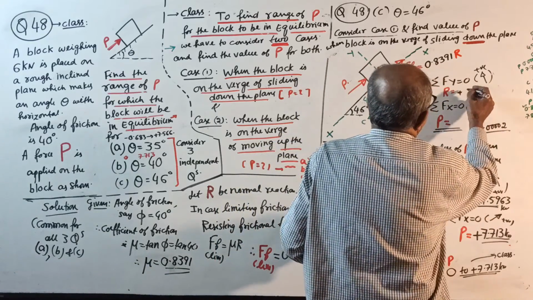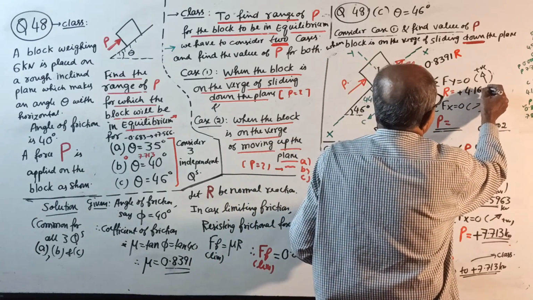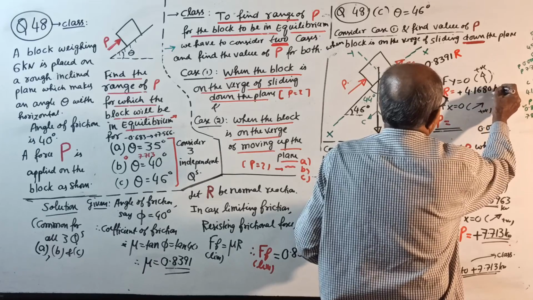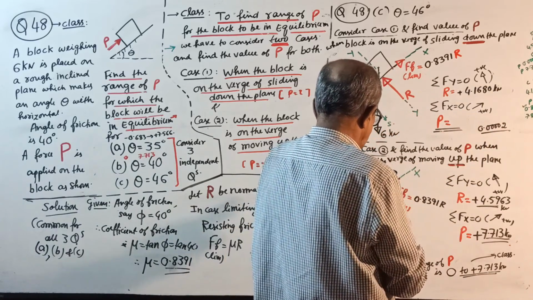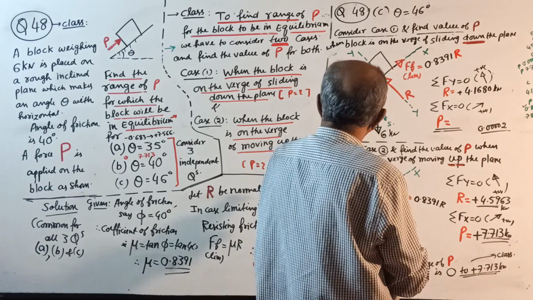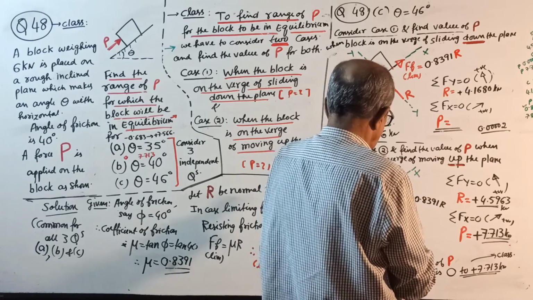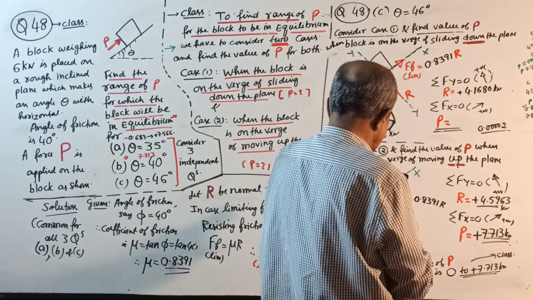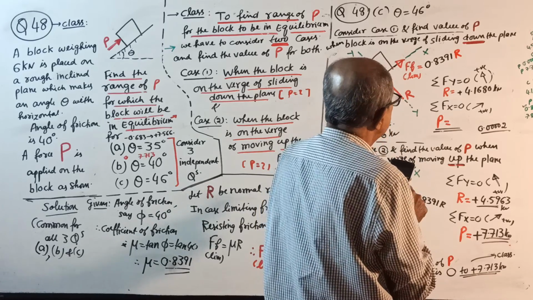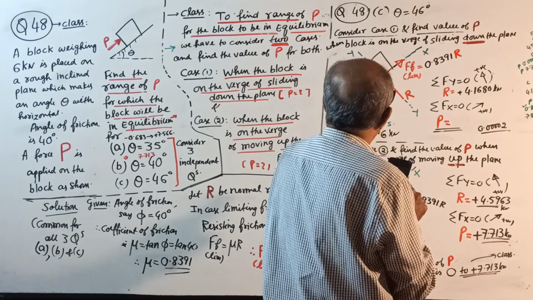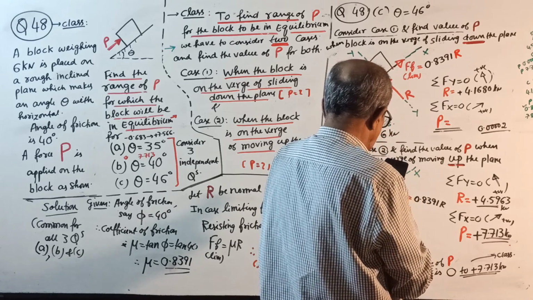Yes, correct. R is 4.1680 kilonewton, and your P will come 4.1680 into cos 44. No, sorry. 4.1680 into 0.8391.